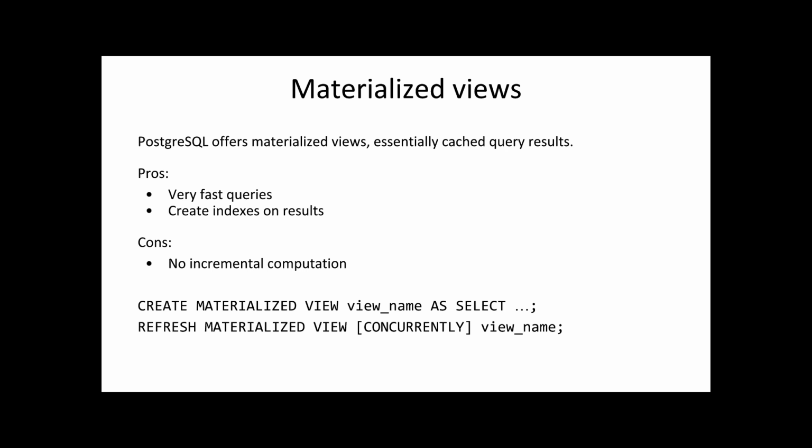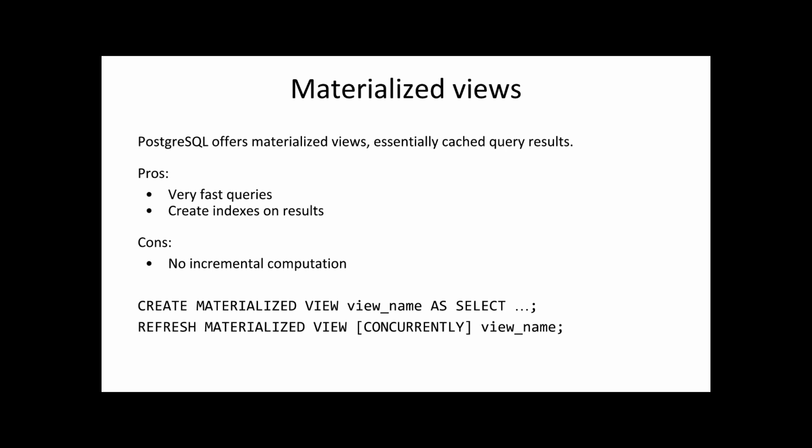But those queries will likely be pretty fast. And you can also create indexes on materialized views. The problem with the materialized view is that you can't really do incremental computation, and I'll show what that means. The way you set up a materialized view is you run CREATE MATERIALIZED VIEW with the name and then the query, which is something like SELECT date, count(*) FROM data GROUP BY date.